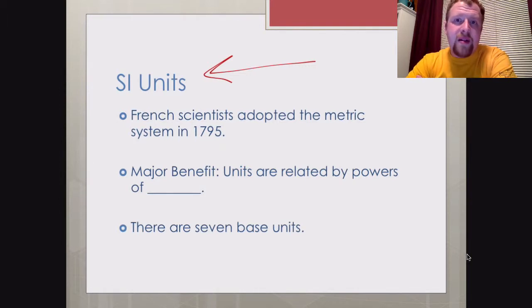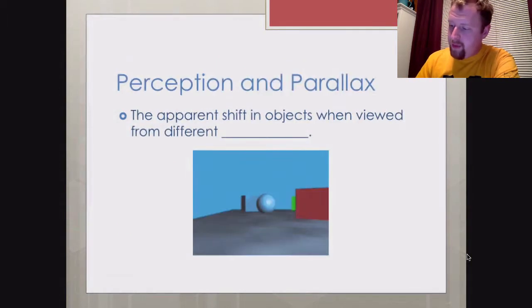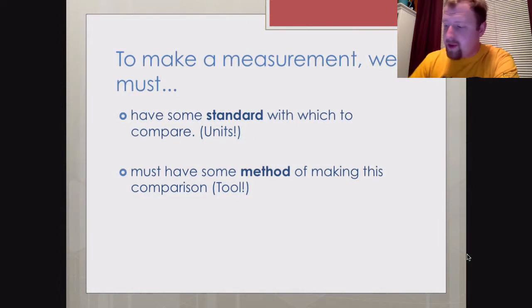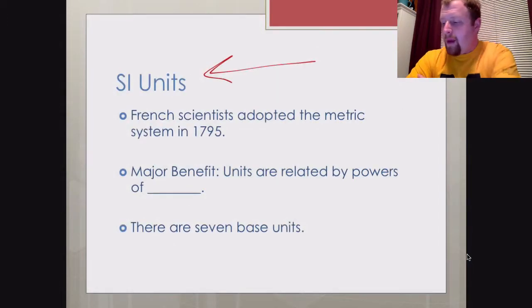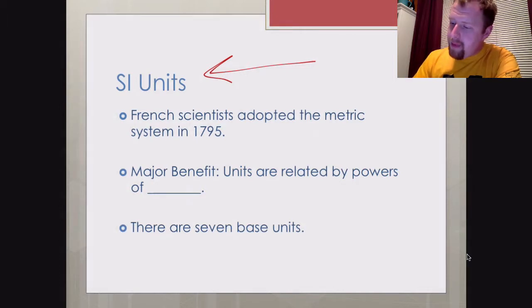All right, so in looking at SI units, what we should understand is that SI units are a series of standards that were adopted many years ago, as a matter of fact, in the 1700s, 1795. One of the major benefits of SI units, or the metric system as we call it, is that the metric system is based on powers of 10.